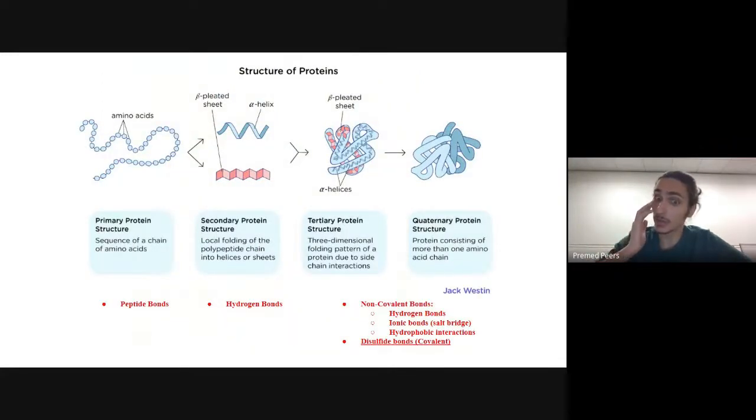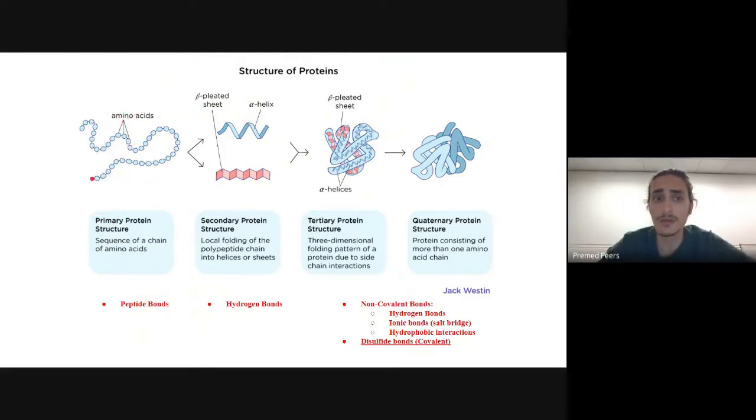The second thing I want to talk about today is the structure of proteins. We have a primary structure, which is the individual amino acids combined together to make the total protein.